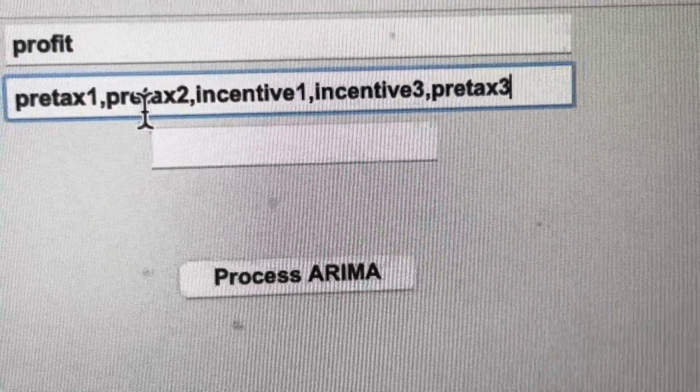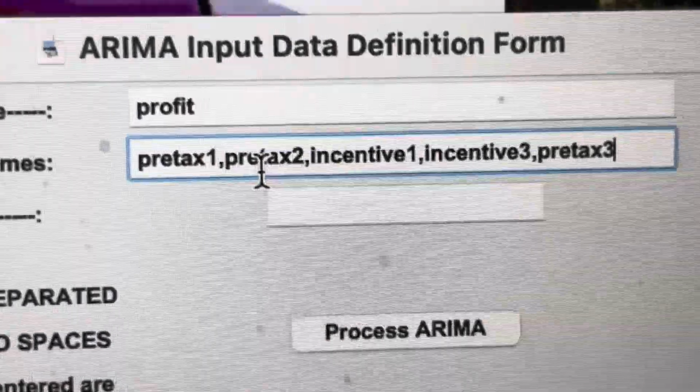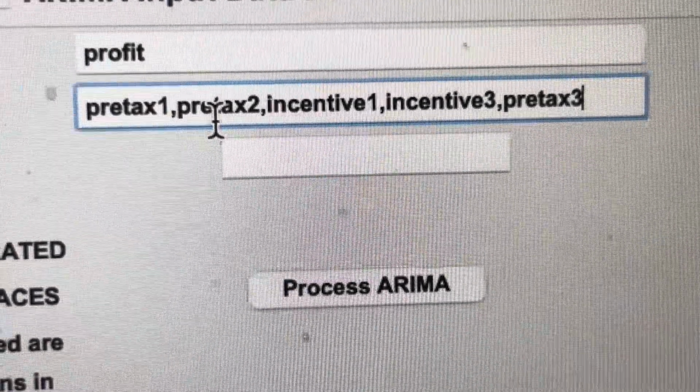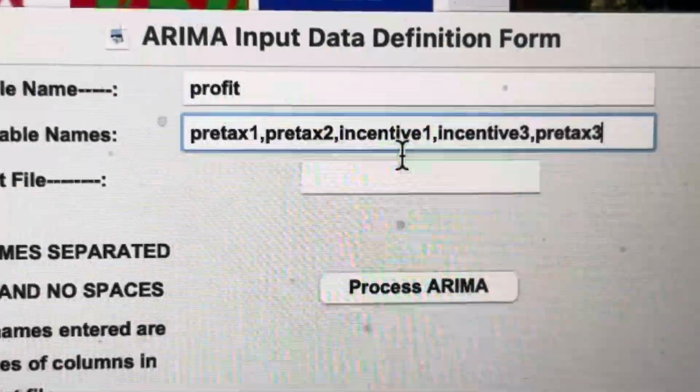I just have to make sure that we are using 1, 2, 3, 4, 5 independent variables against the dependent variable.